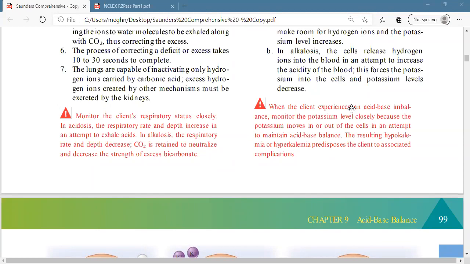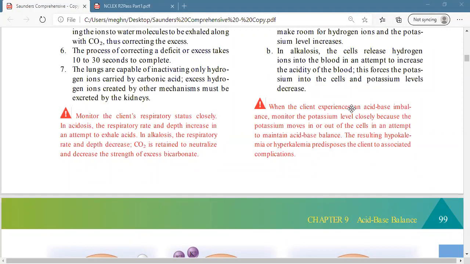But if in a medical condition the body loses fluid, at that time the acid-base balance becomes imbalanced. And as we know, when you see your patient has a chance of acid-base imbalance, you have to check electrolytes, especially the potassium level.